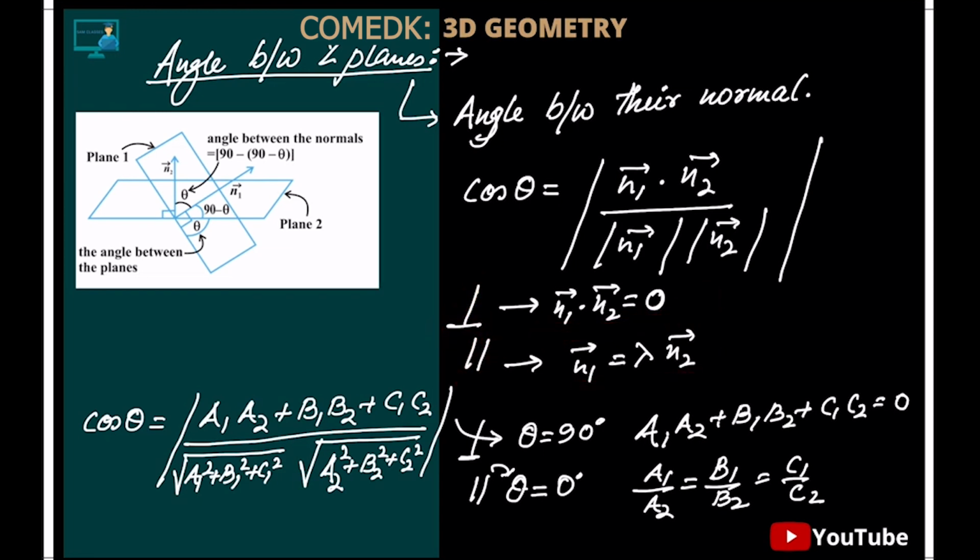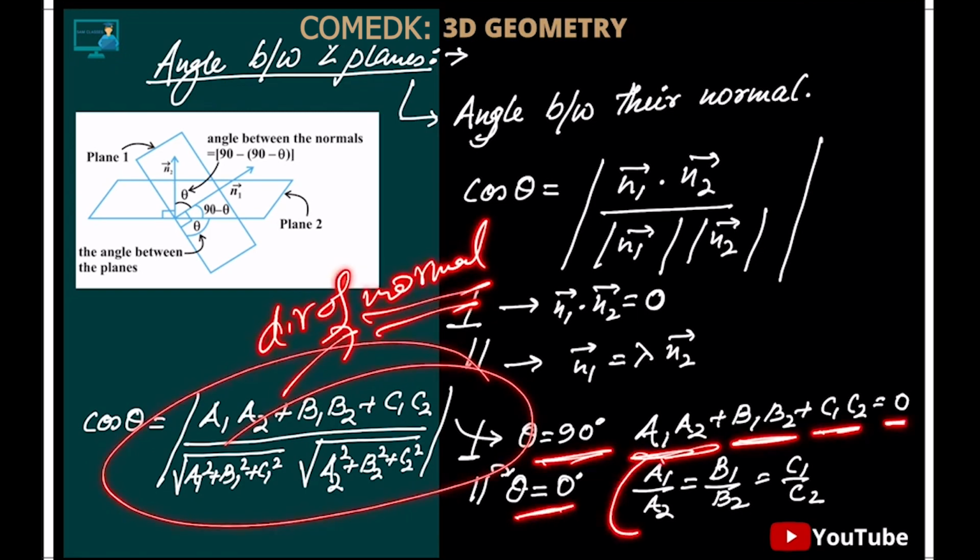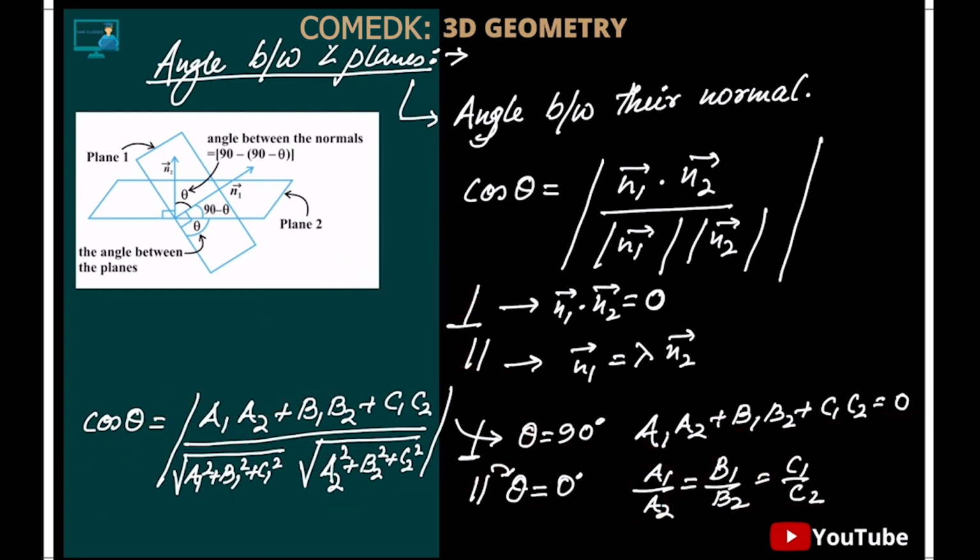And you can do it in terms of direction ratios of the normals. Don't get confused. You can do the direction ratios of the normal by this also. If it is 90 degrees, then directly you can say a1a2 plus b1b2 plus c1c2 equal to 0, or if it is 0 degrees, then a1 by a2 is equal to b1 by b2 equal to c1 by c2. So nothing much is there, student. You need to understand what is what.